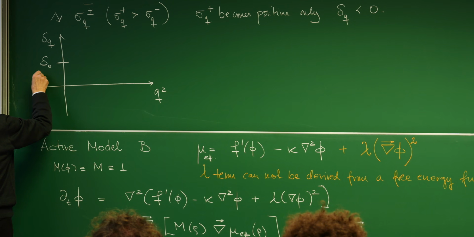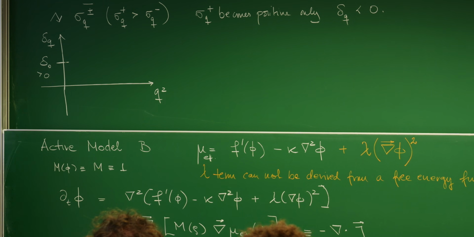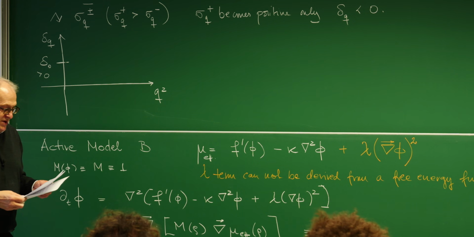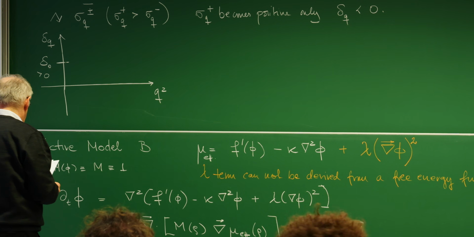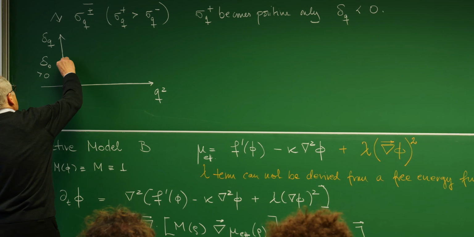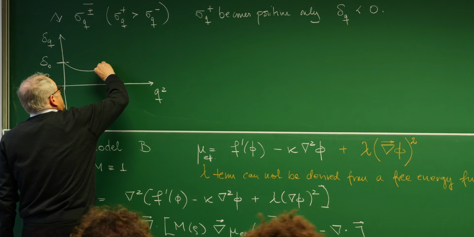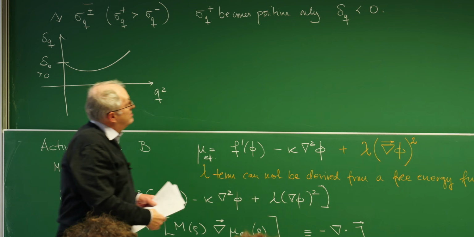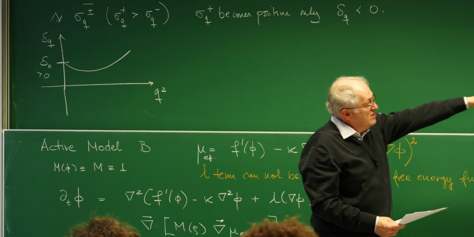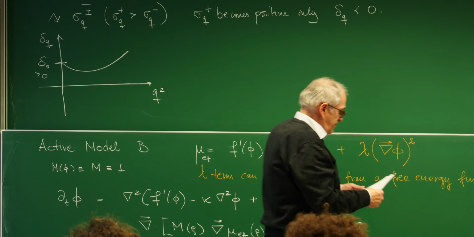Okay, so this is by assumption positive. That means my corresponding homogeneous steady state is stable to uniform perturbations. And then you do have a structure that looks like so.